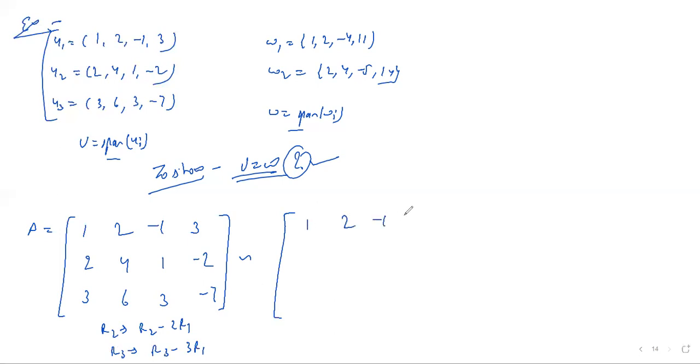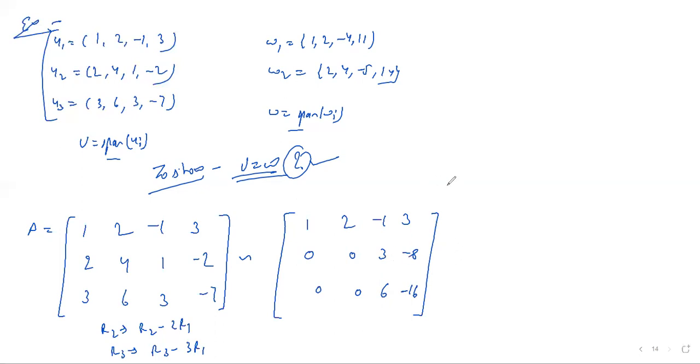1, 2, minus 1, 3. Just solve it carefully. 0, 0, 3, minus 8, and 0, 0, 6, minus 16. Okay, I got this.